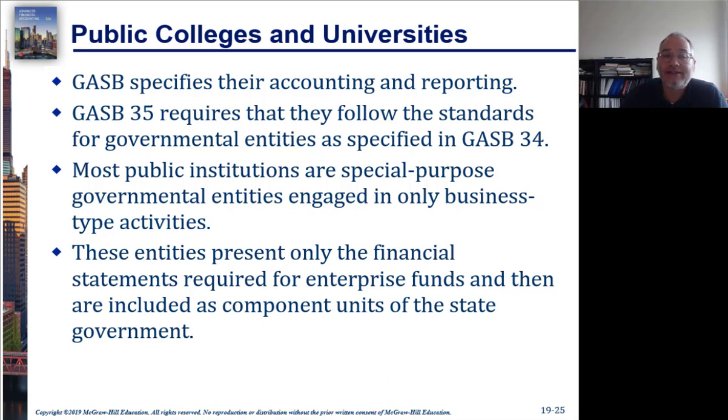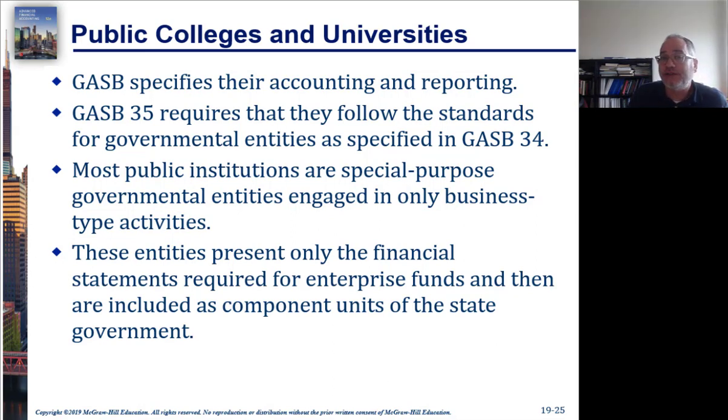And because these are basically an extension of the government, it's GASB 35 actually that says that public colleges and universities follow governmental accounting rules. So these would be considered special purpose governmental entities, but they're engaged in business type activities and therefore they're really enterprise funds.